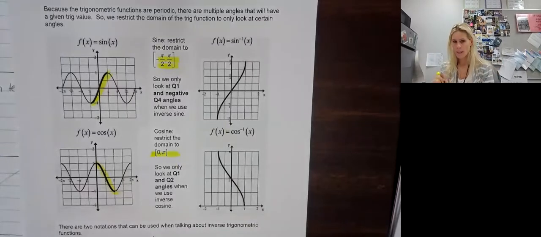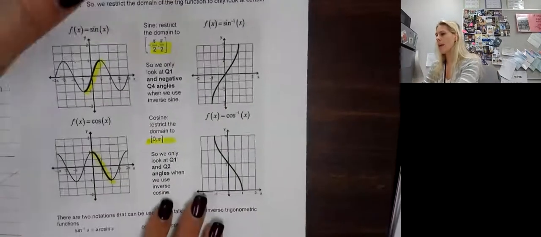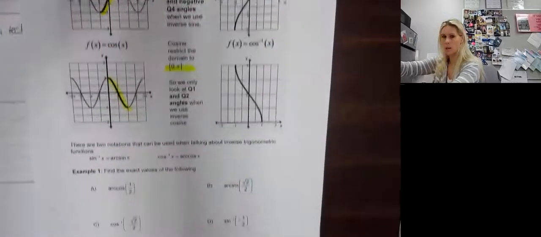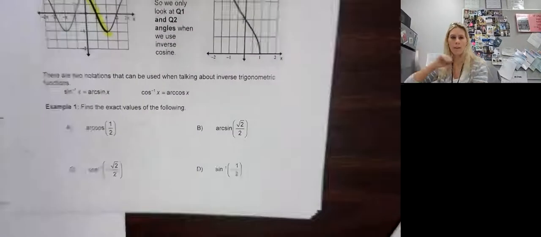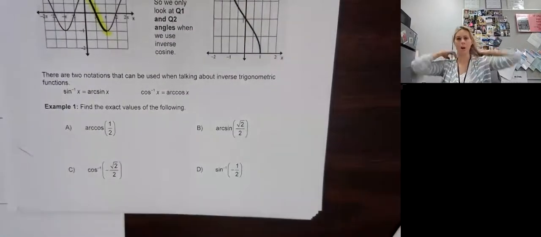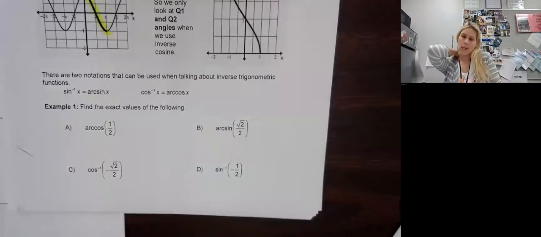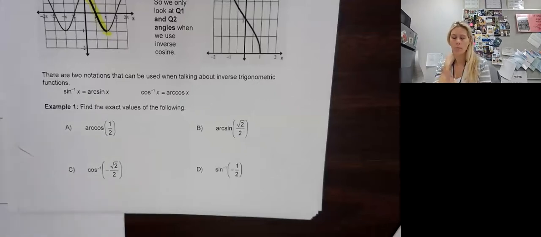So there are two ways that you can see when they want the inverse: sine to the negative 1 of x, or arc sine. Same thing with cosine. Either one of these says inverse. So remember when we were taking trig functions, we were saying a trig function of a theta equals a number, or a coordinate, a y value.